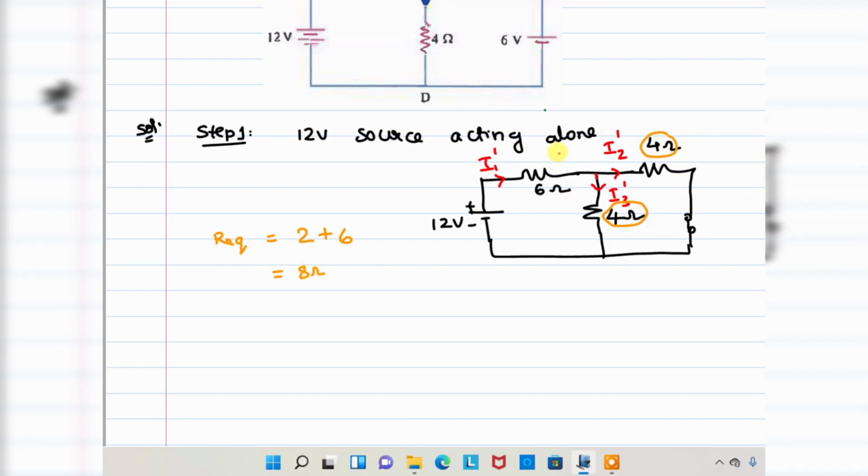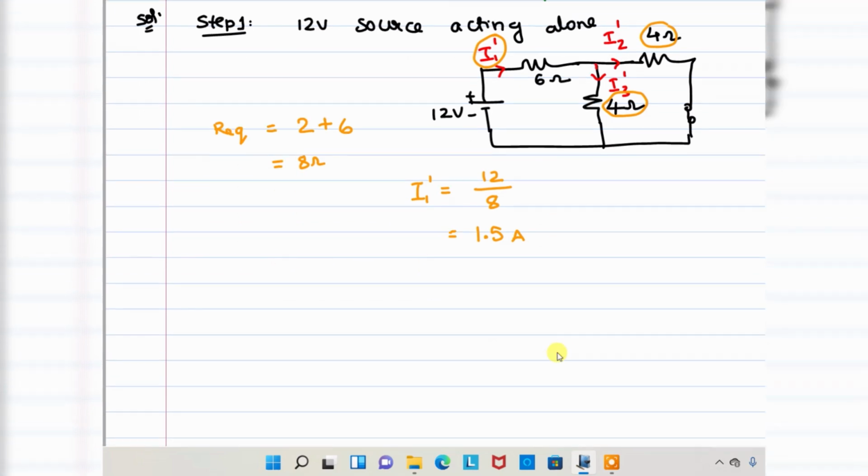Once you got the total resistance 8 ohms, I want to find out the current I1 dash. I1 dash is equal to V, that is 12, divided by 8, that will be equivalent to 1.5 amperes. Once you got this current, I1 dash, this branch current is done.